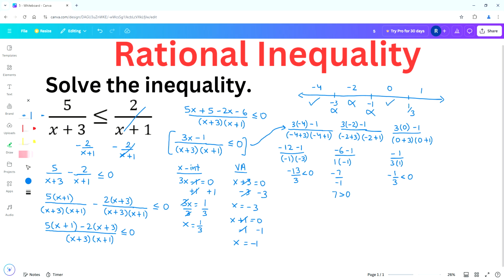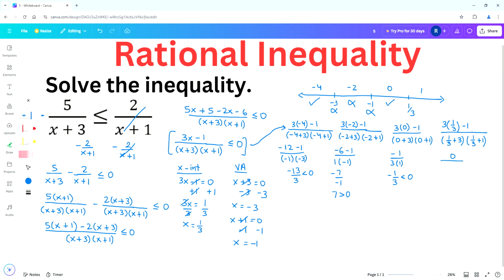Next, we can do the check for x equals 1 over 3. In the numerator, 3 times 1 over 3 is equal to 1. 1 minus 1 is equal to 0.